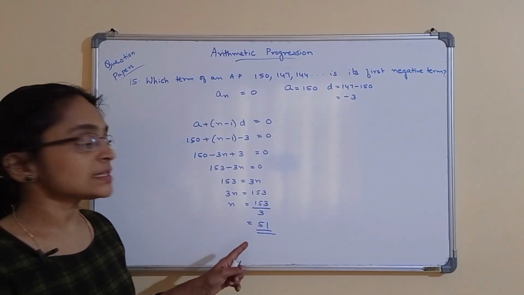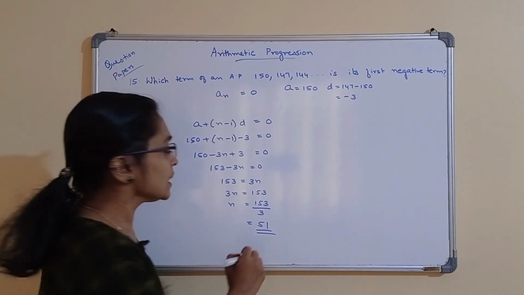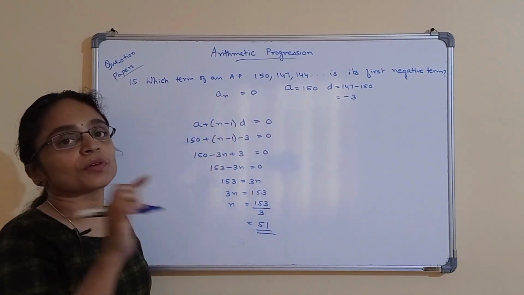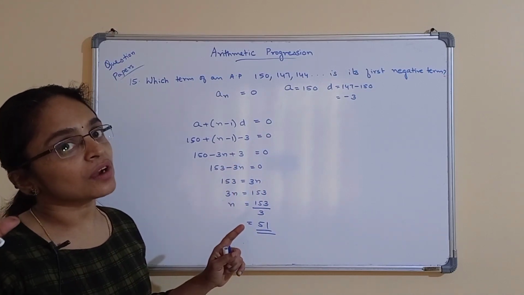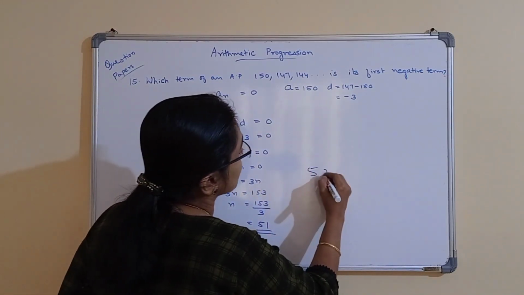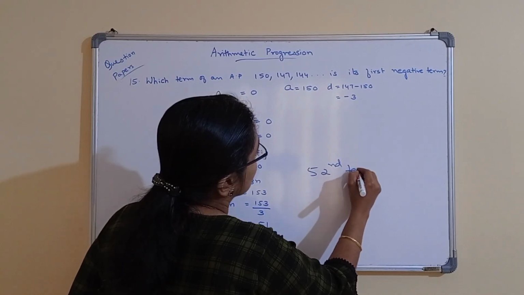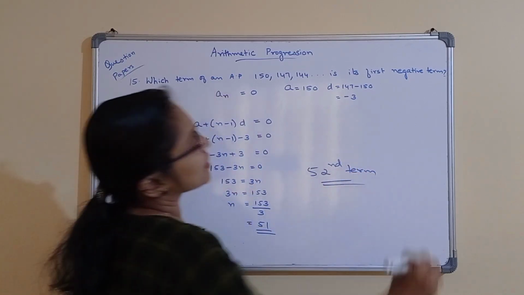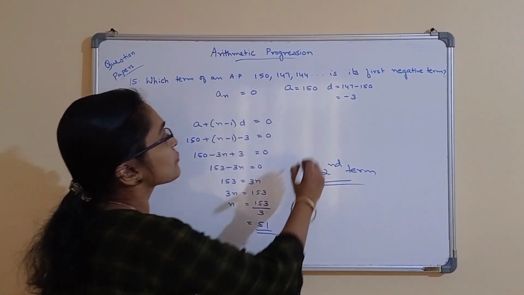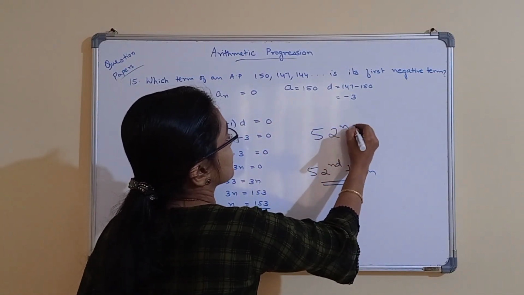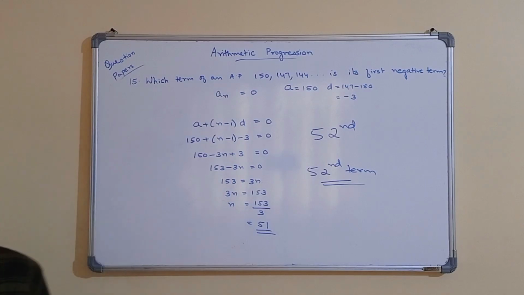So, the 51st term is 0. So, the first negative term will be the 52nd term, right? So, the first negative term is the 52nd term. Understood?